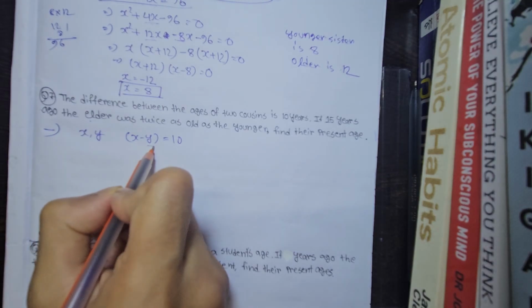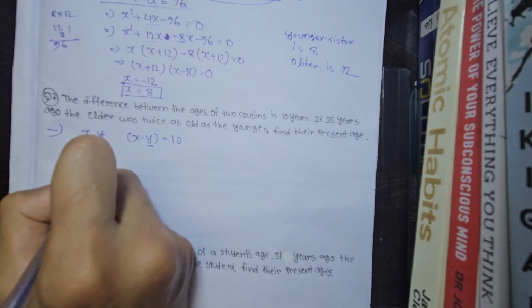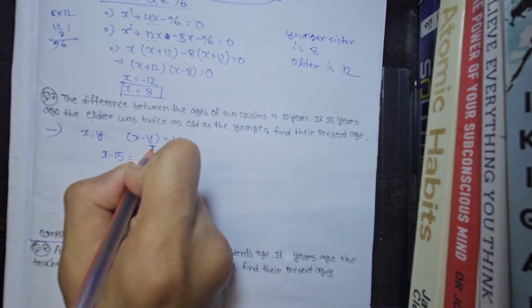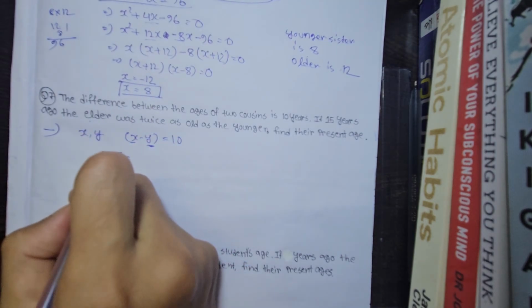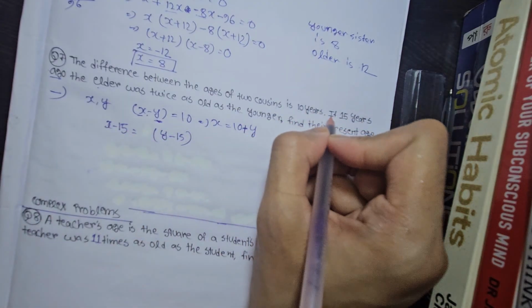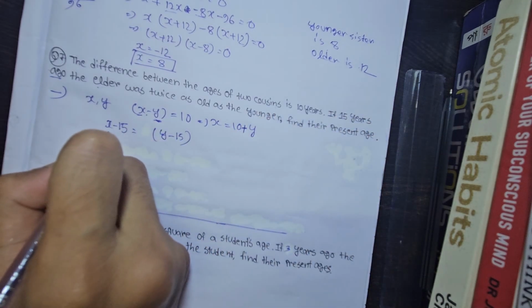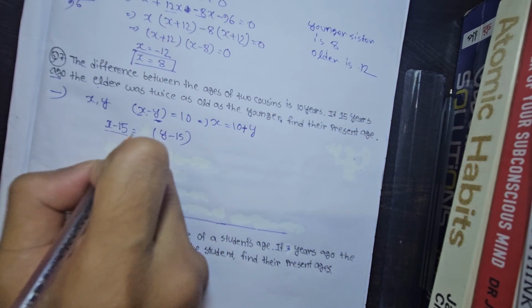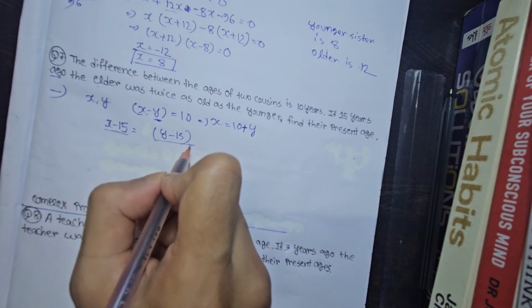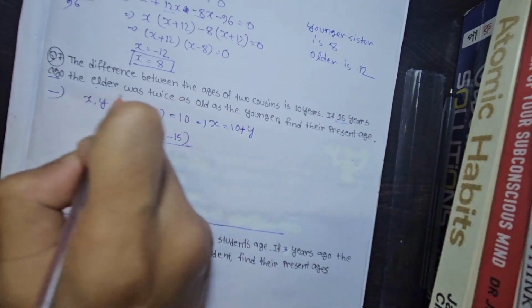Let's assume the elder is x, it would be easy for us for calculation. So 15 years ago, x minus 15 and y minus 15, we subtracted 15 to demonstrate the 15 years ago scenario.